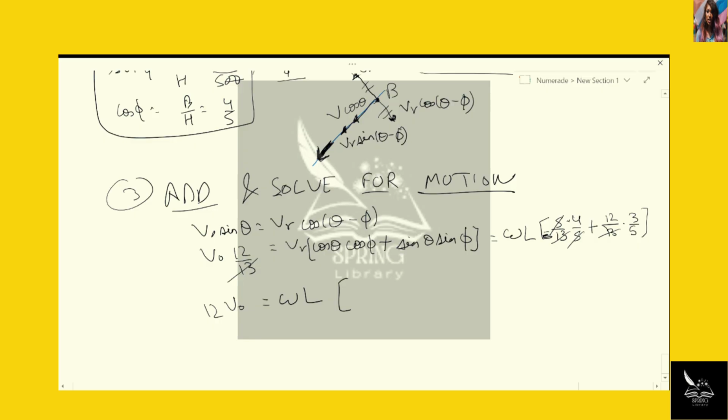So 7.2 plus 4 is 11.2. So omega is going to be 12 V naught over 11.2 L.